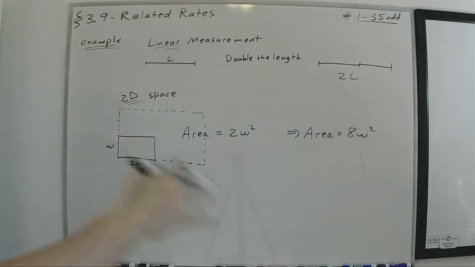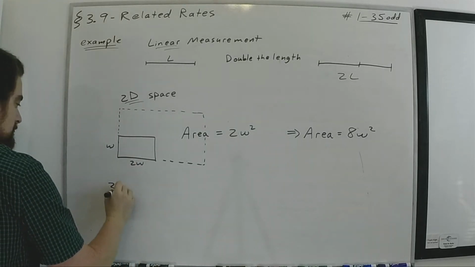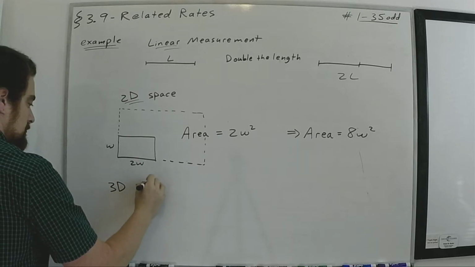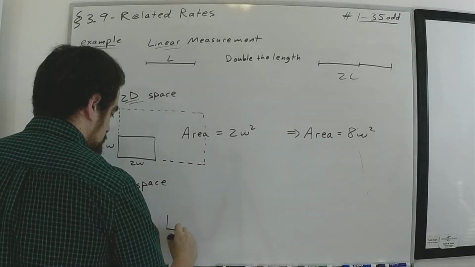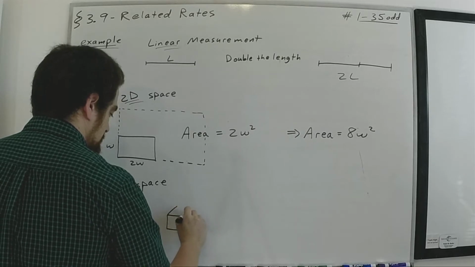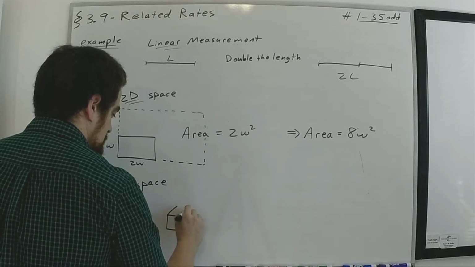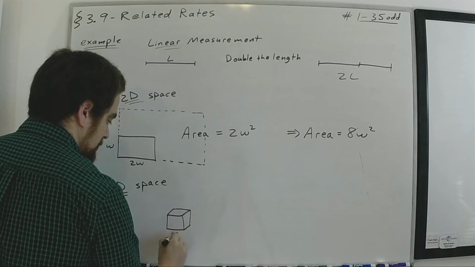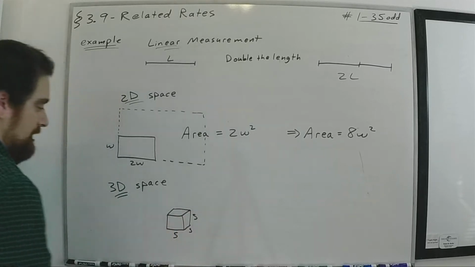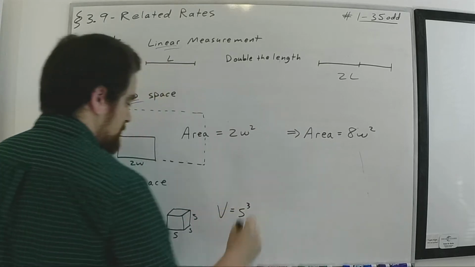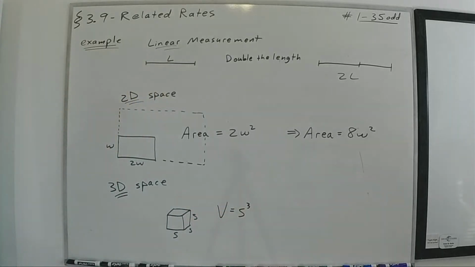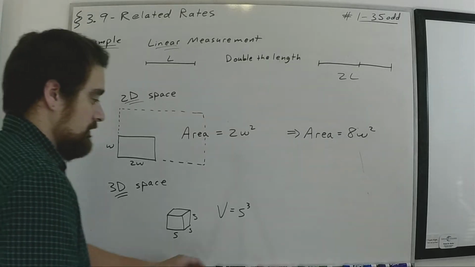And of course, this extends into three-dimensional space. So you have a cube, some sort of box, and all the sides have length, we'll just call it S. Then we start talking about volume, and in this case, the volume will be S cubed. Well, what if I want to make this box 3 times as large?